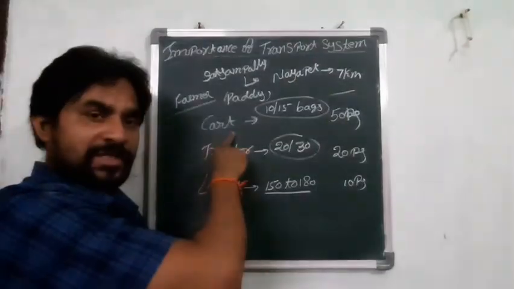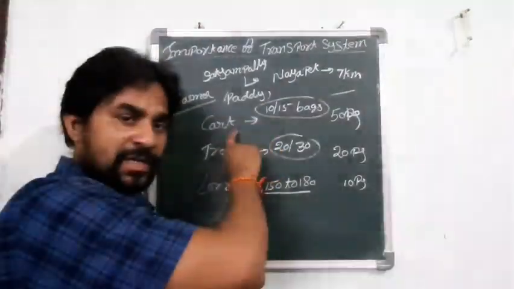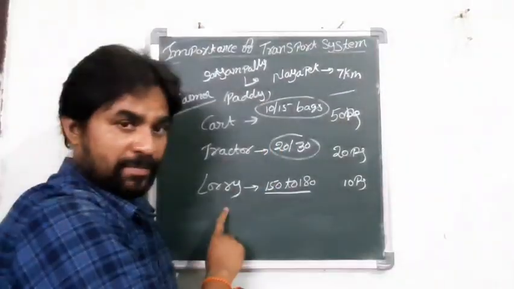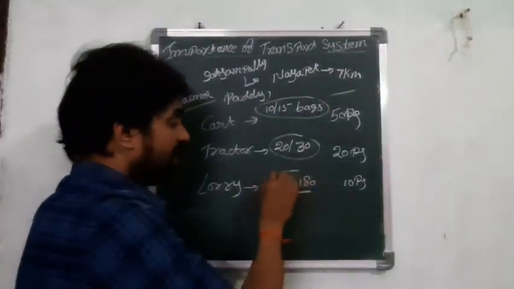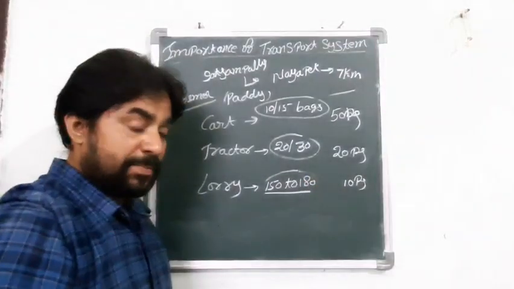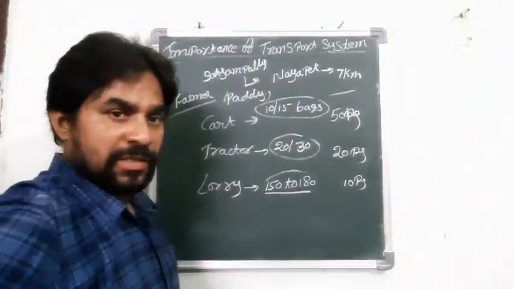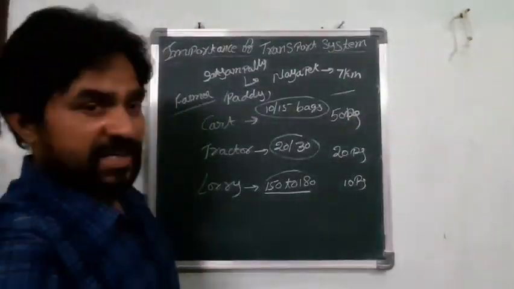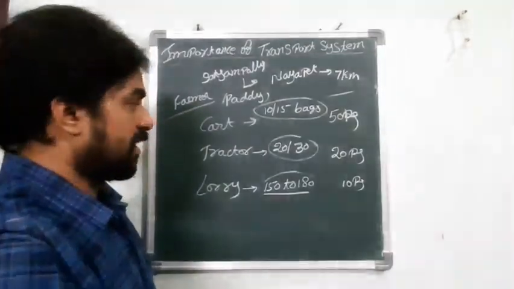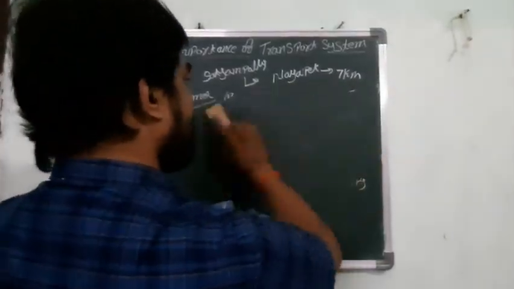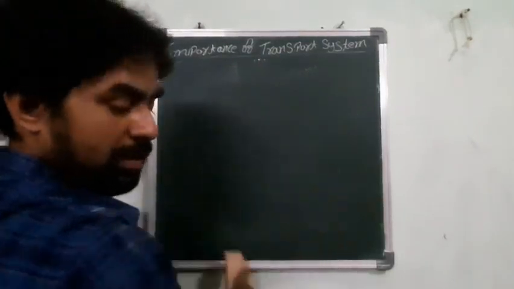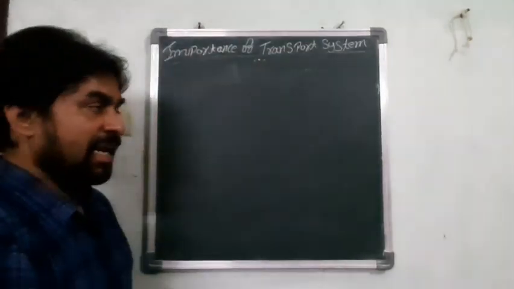The small farmers can choose the cart only. They cannot call the lorry, because for the lorry, all the people have to gather together. So this is not a choice. So these are some different types of transport systems they can select if they want to travel from one area to another area. See that employment.